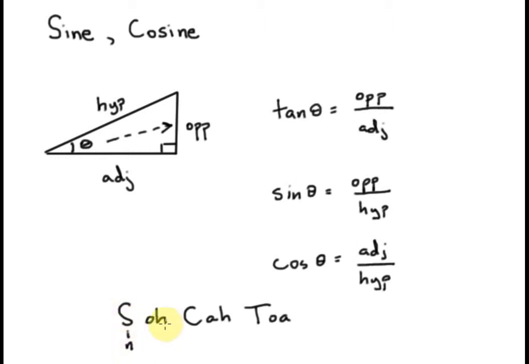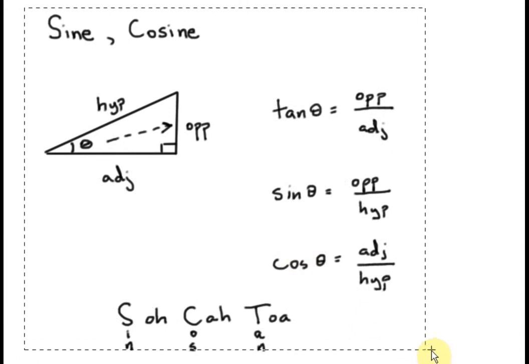So the sine is defined to be the opposite over hypotenuse. The cosine is defined as the adjacent over the hypotenuse, and the tangent is defined as opposite over adjacent. So if you just remember SOHCAHTOA, then you know exactly how sine, cosine, and tangent all work. So let's get on with some actual numerical examples here.